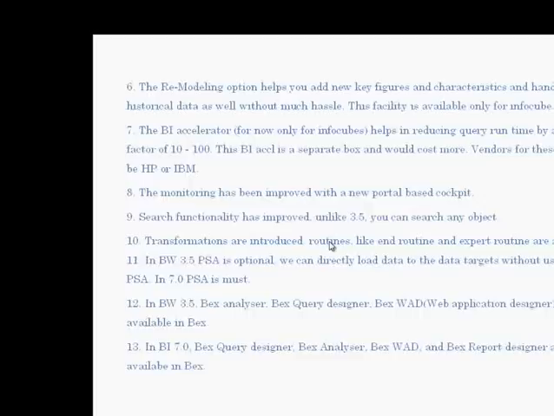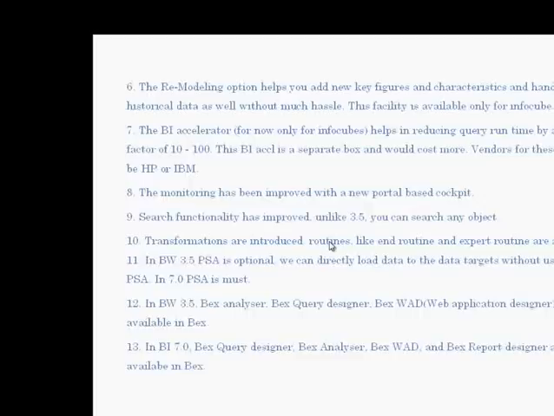I have to refer to that. So PSA will be faster than IDOCs, and it is very flexible, and the maximum is 255 fields you can add for a record in PSA. So in 3.5, as I said, there are changes in BEX, and that's about the differences between the versions.